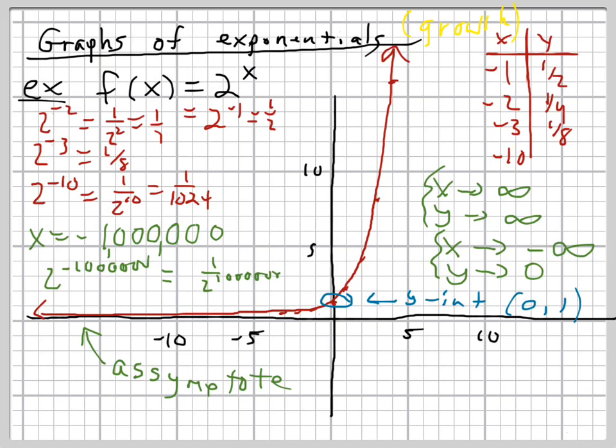And in that case, guess what? 3 to the 0 power is still 1. Okay, so let's do another exponential function. Let's do f of x equals 1/2 to the x power.